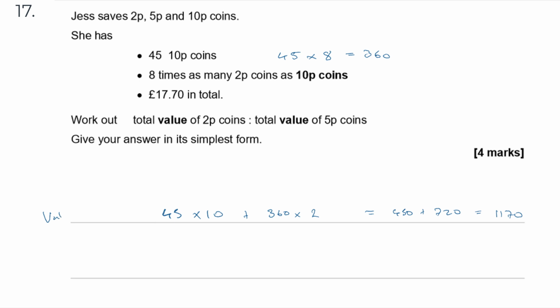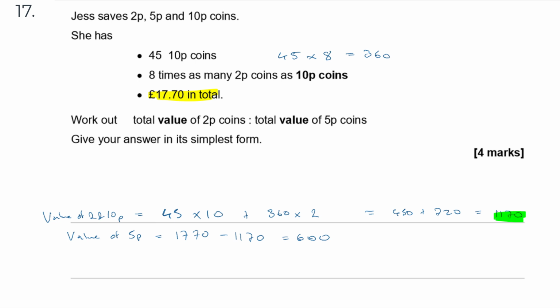So the value of the 5p coins is going to be the total cost less what the other 2 coins were worth, isn't it? So I'm just going to stick with pence for now: 1770 minus 1170. So that leaves me with 600 then, doesn't it? Or £6 worth of 5p's.